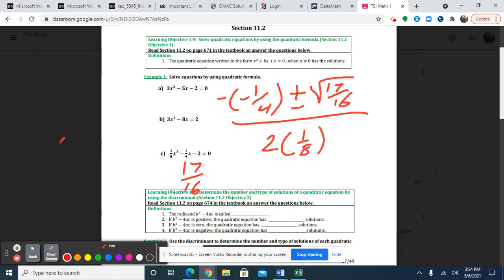So if we start simplifying this, we're going to have a positive 1 over 4. And now we're going to have the square root of 17 on the top, but the bottom is perfect. We can actually divide that into 4. And then on the bottom here, we have 2 over 8, which simplifies to 1/4.